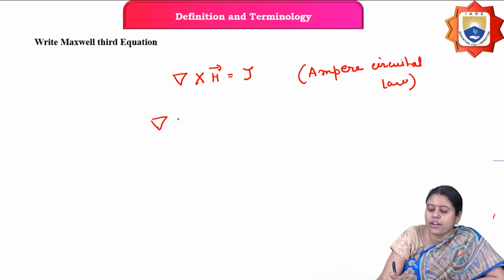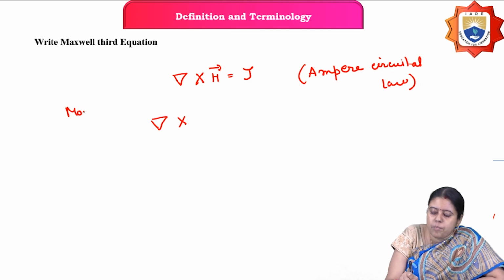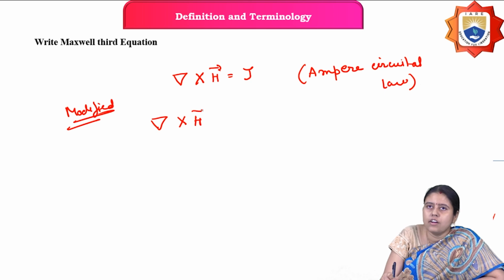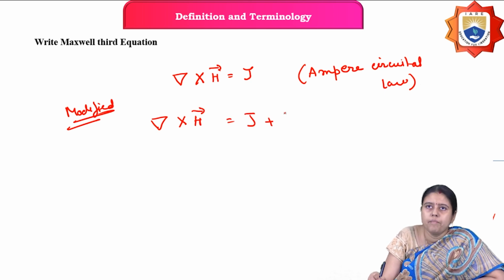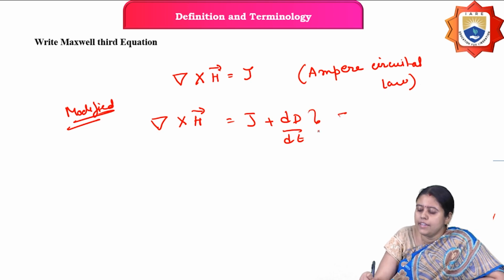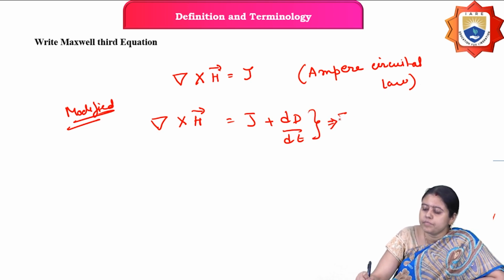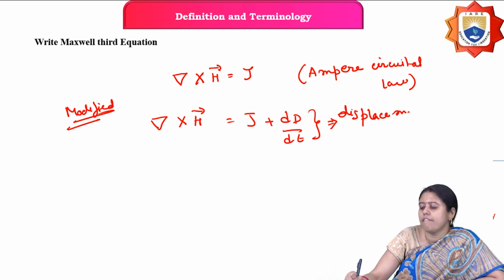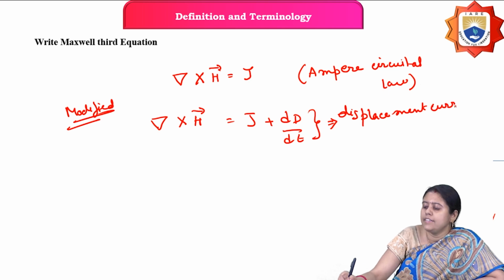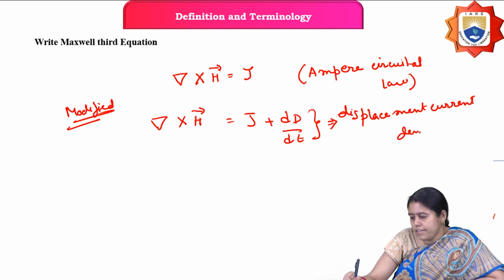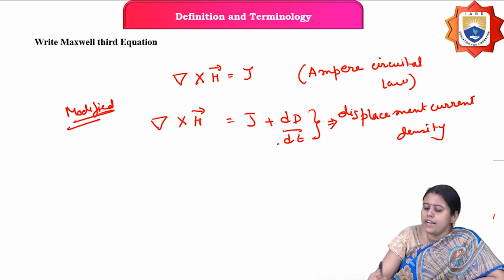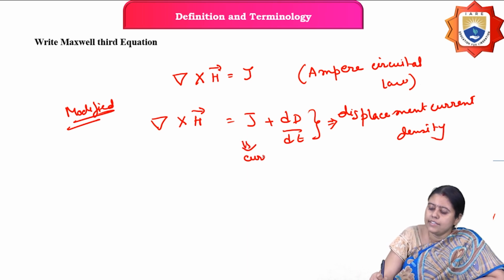And the modified Maxwell's third equation is grad cross H is equal to J plus dD by dt, where dD by dt is nothing but the displacement current density. What is J? J is the conduction current density.